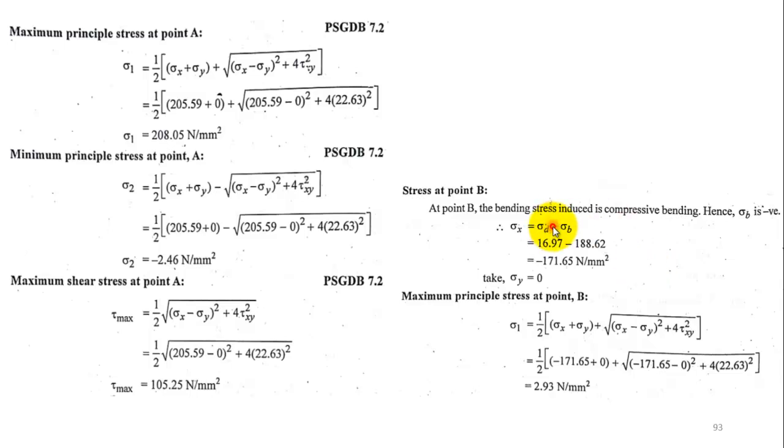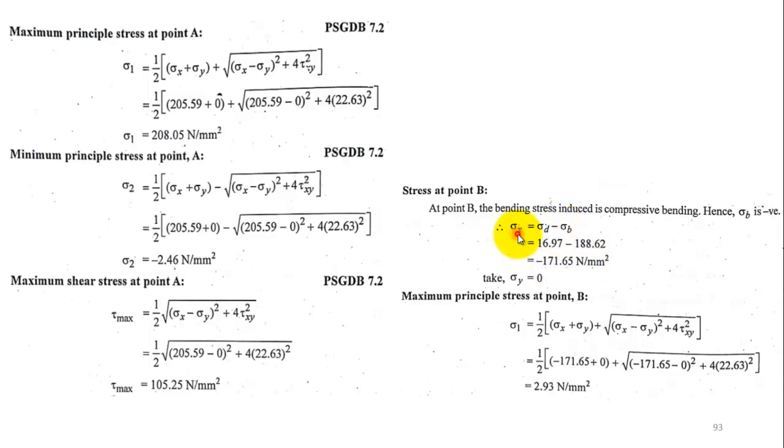You have to use a negative sign for bending, because compressive stress is induced at point B due to the bending. So sigma x value will be sigma d minus sigma b. In case of point A, you used plus sigma b. Here for point B, you have to use a negative sign for bending stress, because it is compressive.